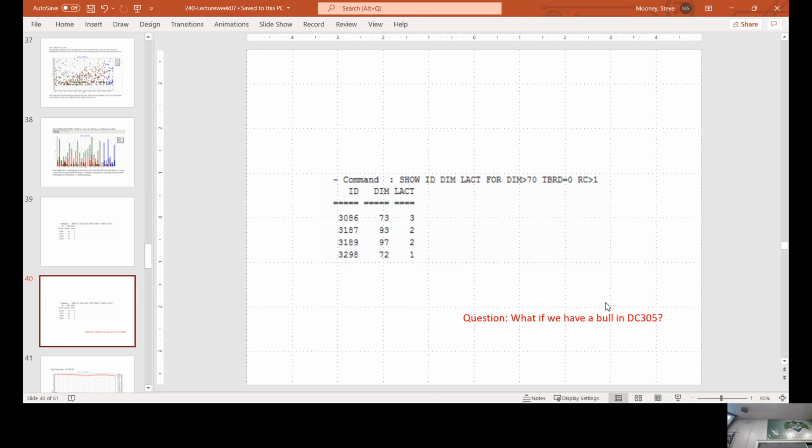Rack code does not equal 1, or it's greater than 1. Bull is where? At the other end of the spectrum at 9. So if we do have bulls in our herd, in our dairy comp, they're going to show up on this list as well. We'd probably have to do not equal 1 and not equal 9.